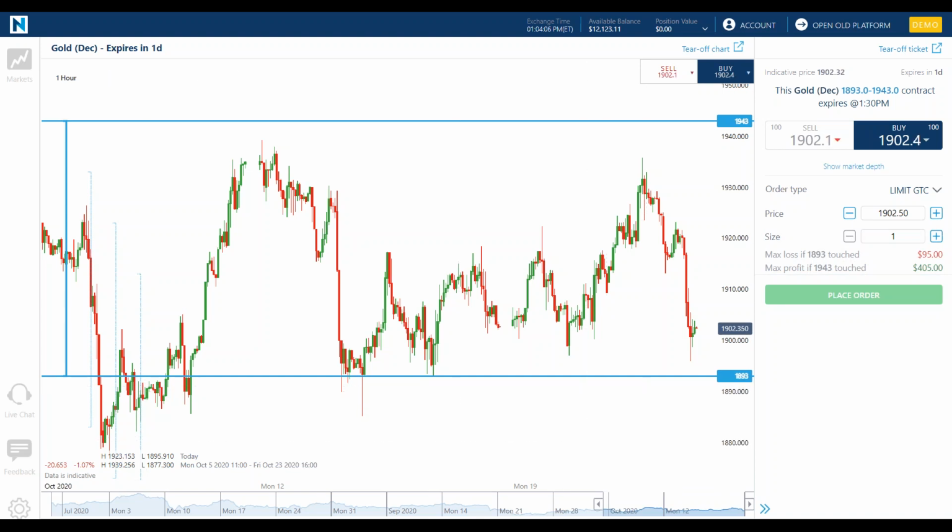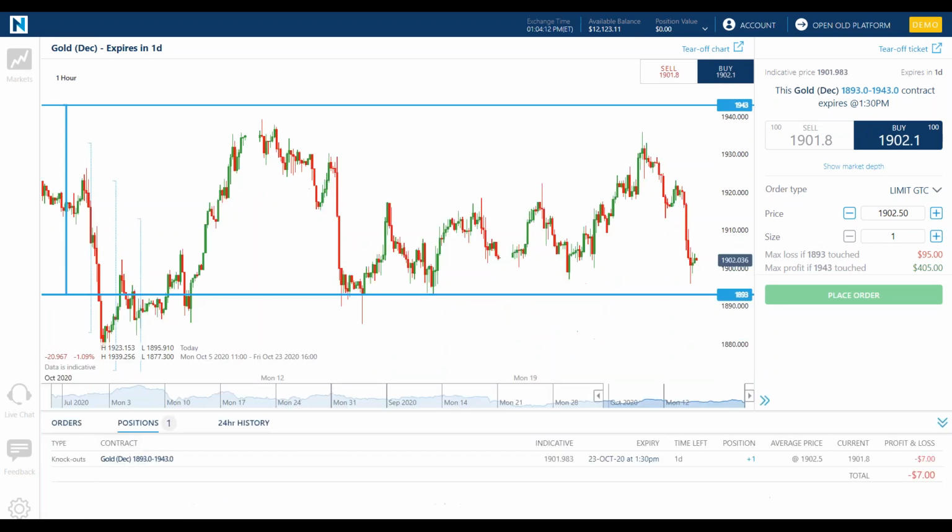Notice when I put that trade on, and I honestly hit buy, of course it's immediately going down, and I'm losing money. But it showed up in my positions page. And let's say I wanted to buy one more, but a little lower, to maybe dollar cost average. I could put in 1901.